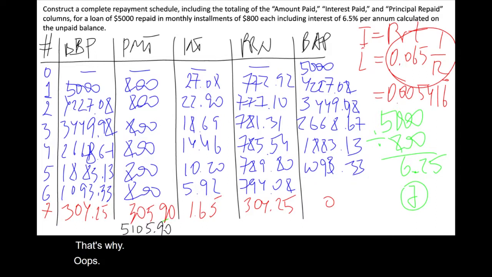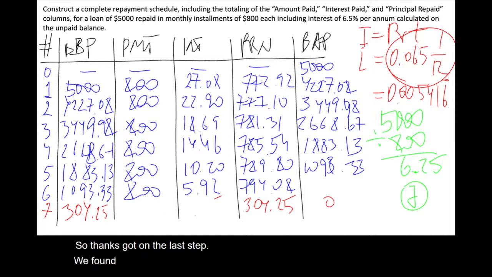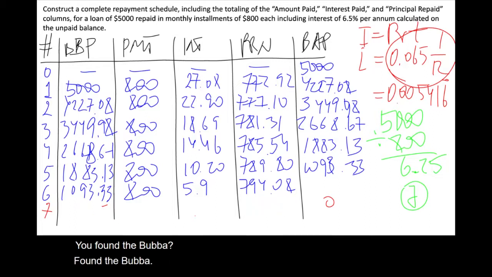So, things went wrong at the last step. We found the mistake. So let's fix that. So pen, blue. So 1093.